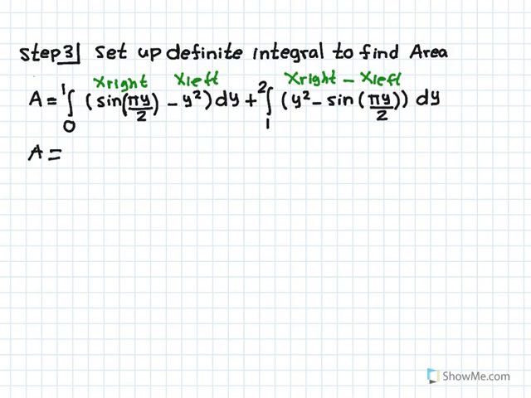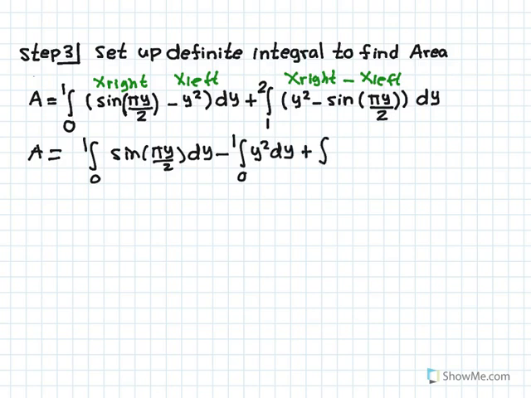Area is equal to the integral from 0 to 1 of sine of pi y over 2 dy, minus the integral from 0 to 1 of y squared dy, plus the integral from 1 to 2 of y squared dy, minus the integral from 1 to 2 of sine of pi y over 2 dy.